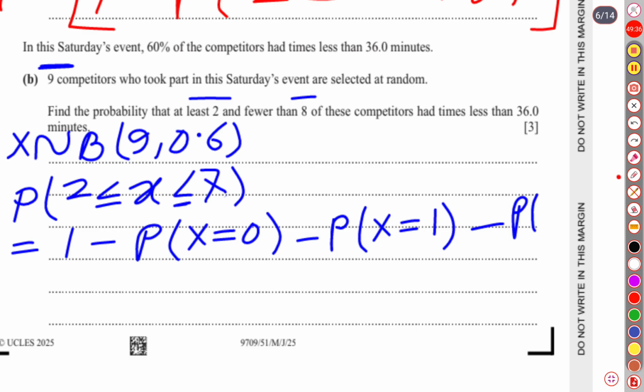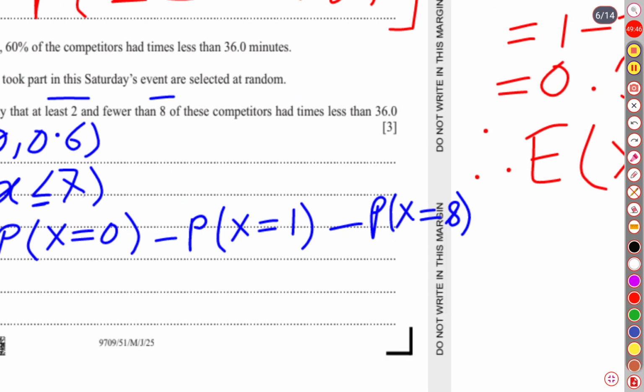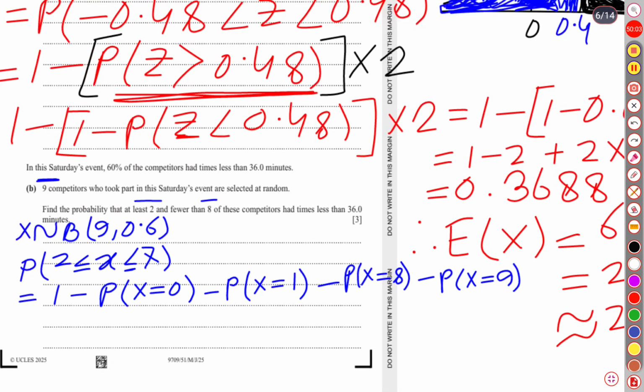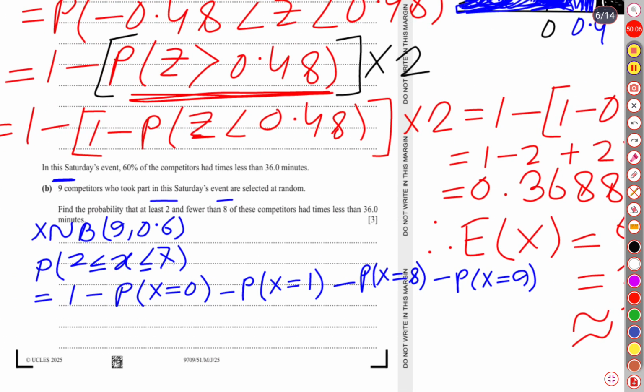More than 7 means there may be 8 competitors who took less than 36 seconds, so we are going to subtract that, and minus the probability of x when there are 9 competitors who took less than 36 seconds. All of these should be subtracted because our probability includes 2 until 7. So less than 2 is 0 and 1, and more than 7 is 8 and 9.